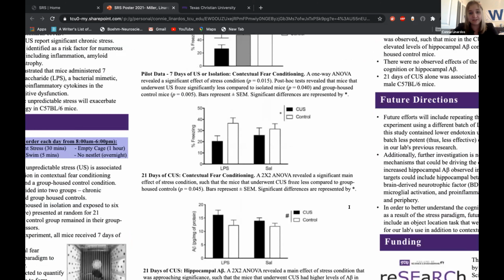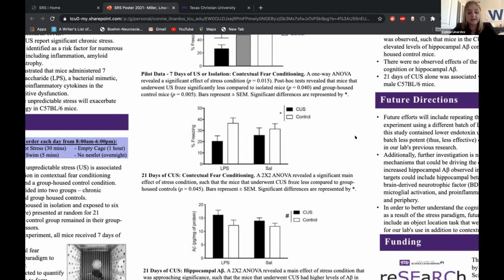Because of this, we were able to use that data to switch over into our 21 days of chronic unpredictable stress. And in this study, we also found that there is a significant main effect between CUS and the control when it comes to percent freezing during CFC.